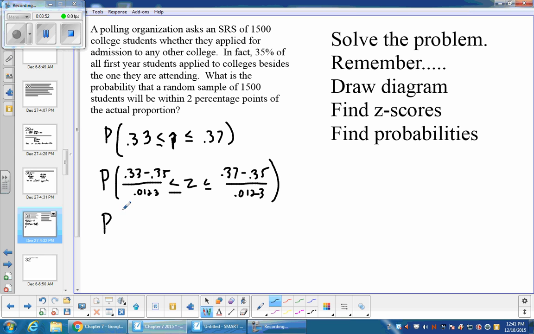So this is a probability from negative 1.63 all the way up to positive 1.63. So that I got probably 0.896. So that's about 90% of the time our value will be there.